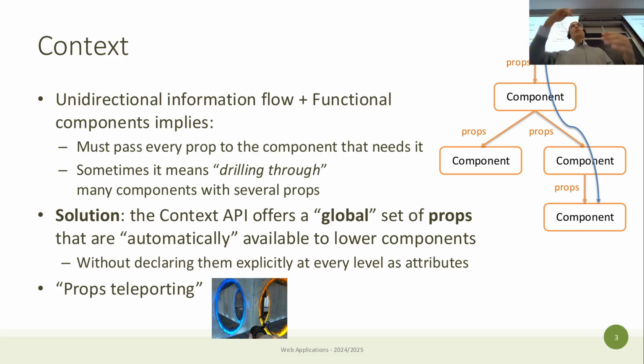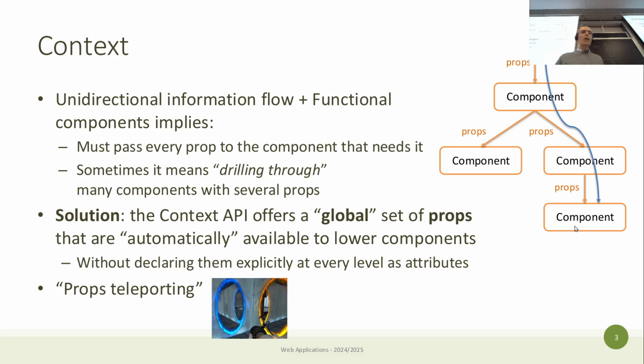Every time you have new children, you need to pass props. And so if you have to pass a prop from the root to a child which is deep inside the tree, you need to pass the prop at each level. You take props.name and you pass it as an attribute, and you do it again and again and again down towards the component that actually needs the value.